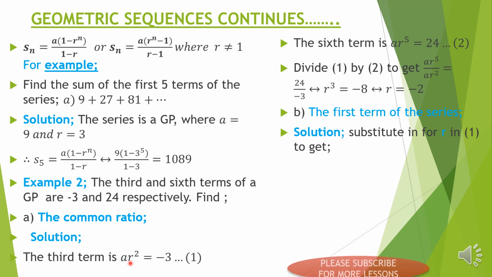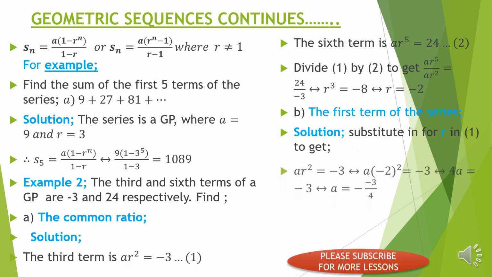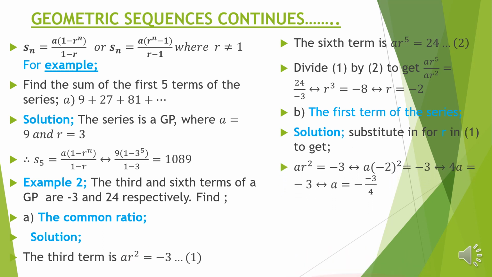So substituting the value of R here, we have AR squared equals -3, implying that A into (-2) squared equals -3. Remember, R is -2.